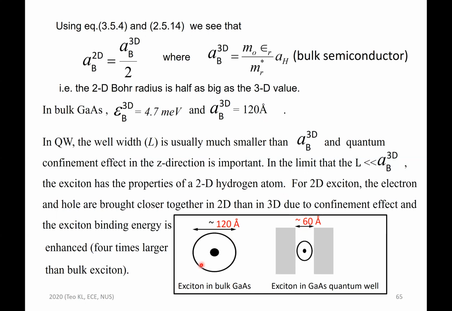It's about 120 angstrom in terms of its dimension. And then the Bohr radius is reduced by half in the quantum well. So it's like being squashed between the two walls. So the size is being reduced.